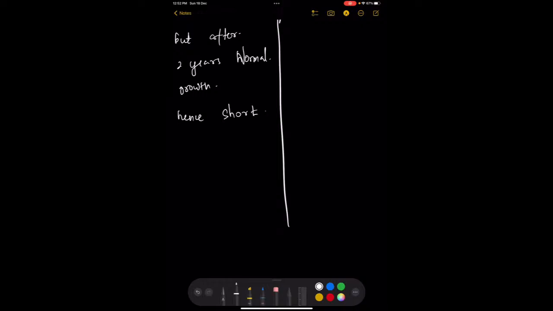We can see a family history of short parents.